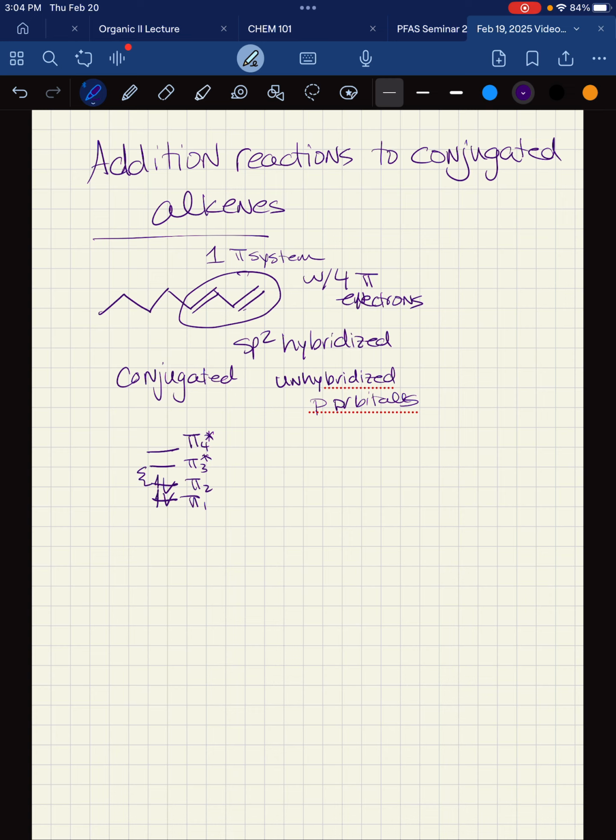And as we add conjugation, that makes that gap smaller and smaller, decreases the delta E there, and tends to eventually get us into compounds with colors, because the energy gets small enough to be within the visible region. Most organic compounds, the energy gap is more in the UV region.